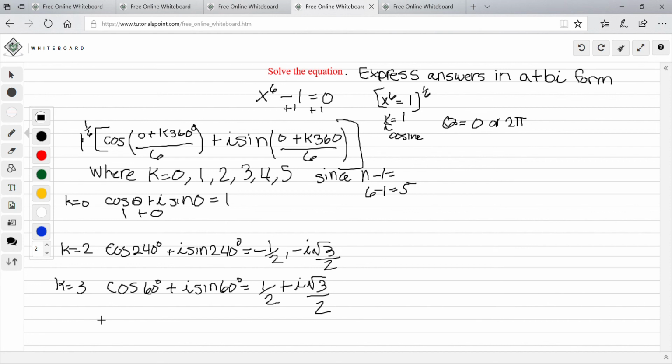And then let's do k equals 4. So that's cosine of 180 plus i sine of 180. So 180 gives cosine negative 1, right? Because it's negative 1 comma 0, right? Yes.